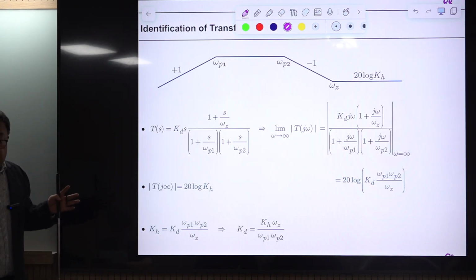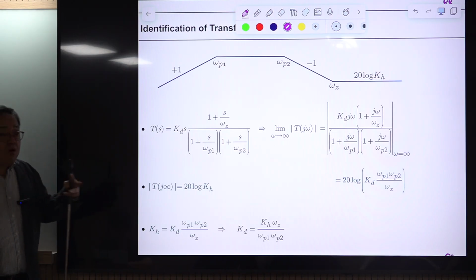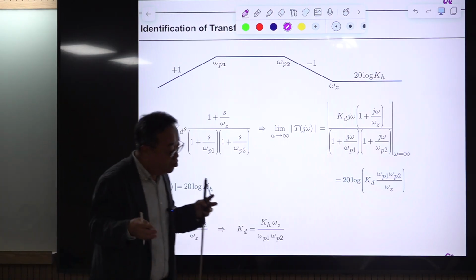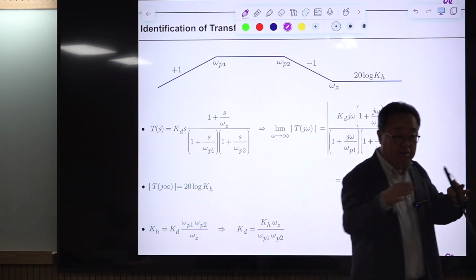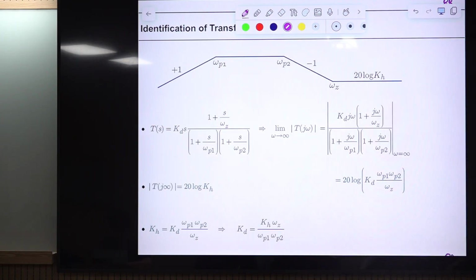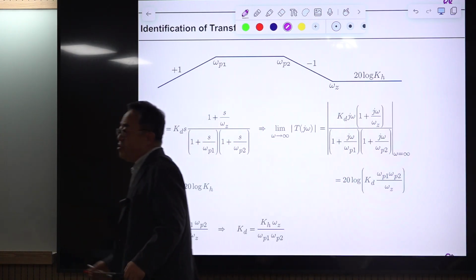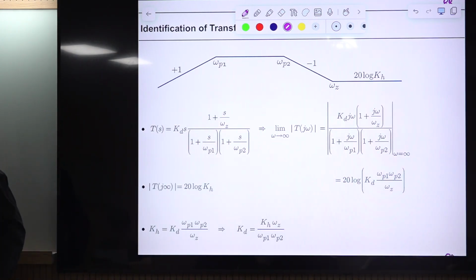You don't need a plot. You don't need to manipulate the system block. In many cases, the goal is to eliminate the calculation or manipulation of this block, just using this graphical approach and the asymptotic approach to get all the information required for control design and performance evaluation.